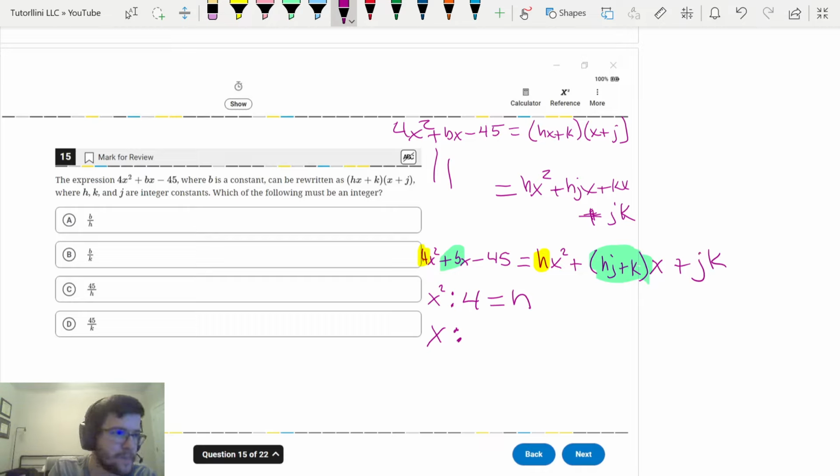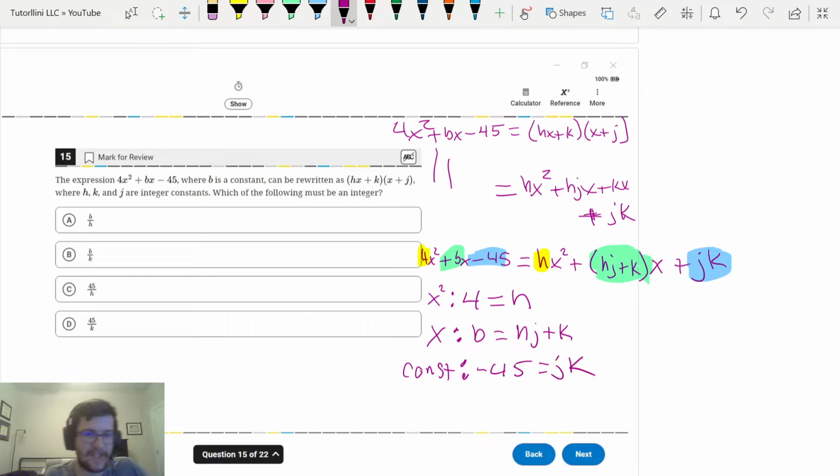So b equals hj plus k. And then the constants, so that's minus 45 is equal to jk.